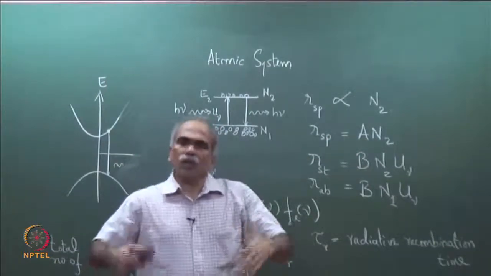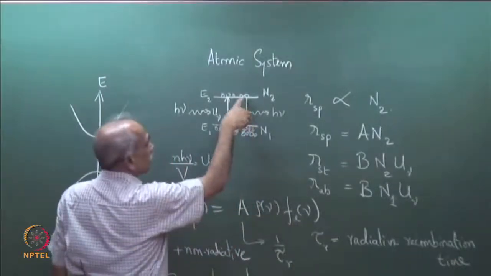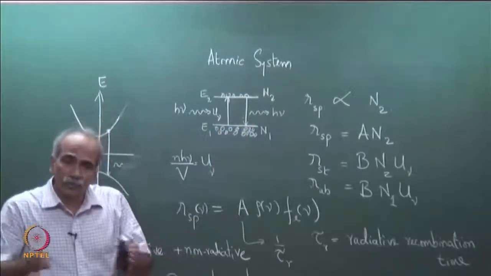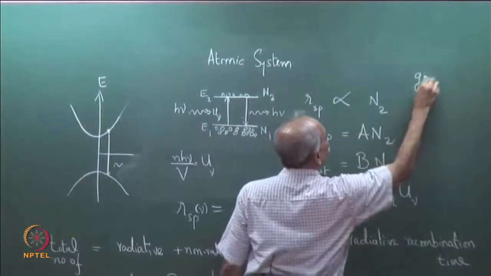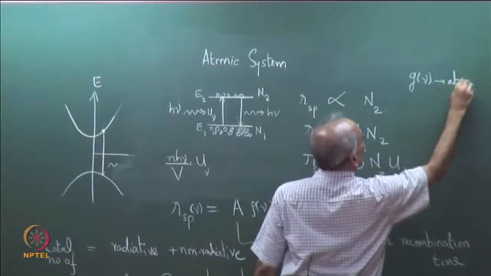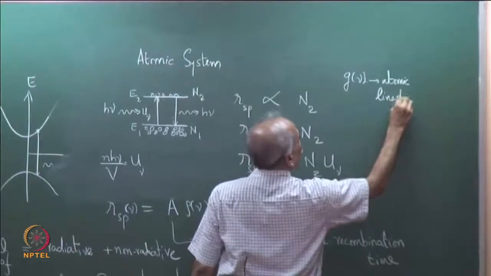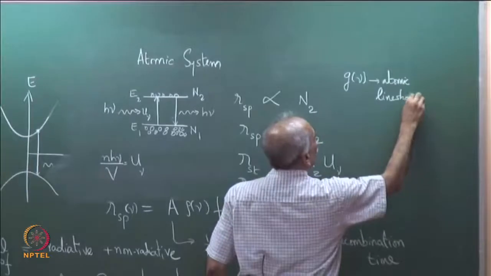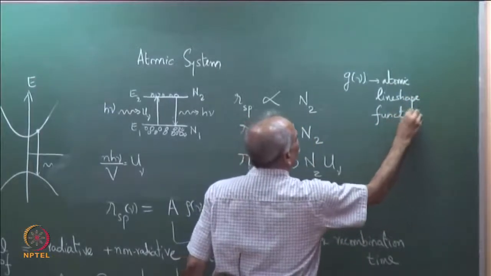To incorporate more features into this, actually the atom interacts with radiation over a certain range of frequencies. So, there is a line shape function g nu, the atomic line shape function. Those of you who have studied basic laser physics know the line shape function. If you have not studied, it does not matter.